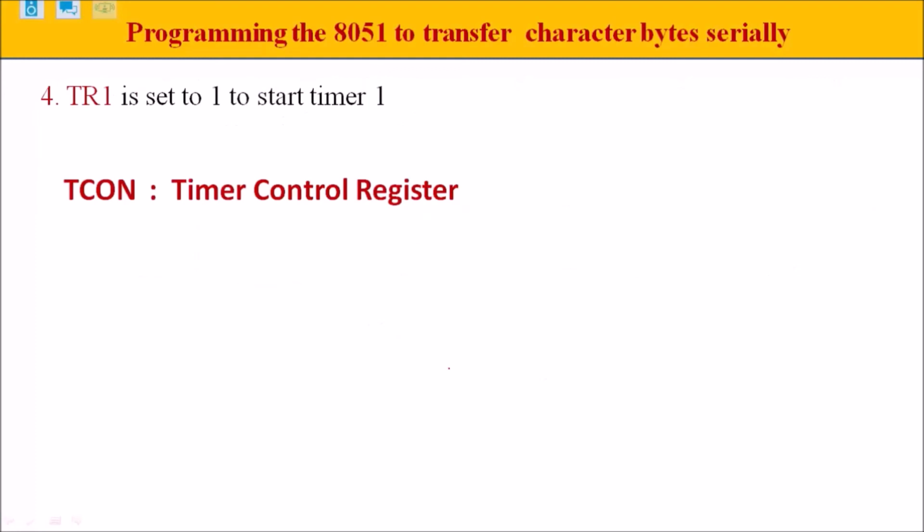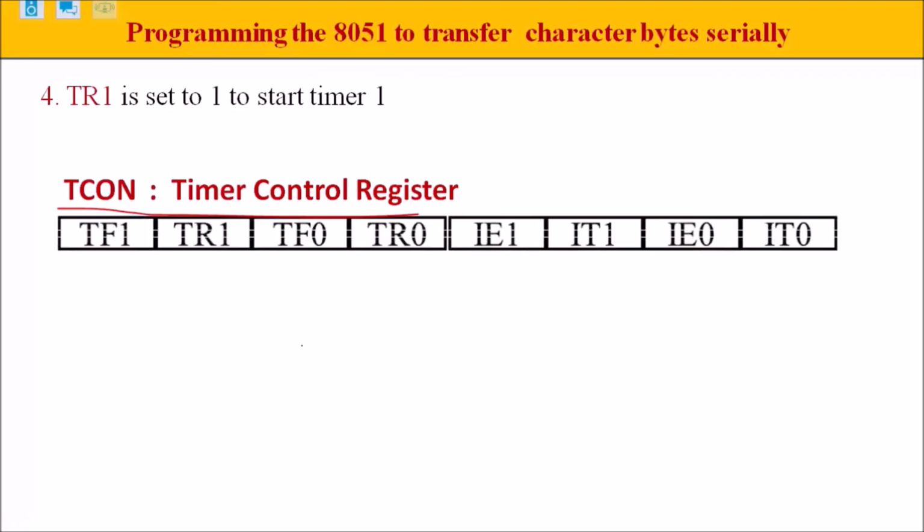After this, we'll start the timer. When you start the timer, timer 1 will start generating a clock signal. On this clock signal, our serial communication block works. So to start this timer, we have to use the TCON register, the timer control register. To start the timer, the TR1 bit should be 1, all others are 0. This is auto reload mode, so we are not going to check any flag bit or anything.